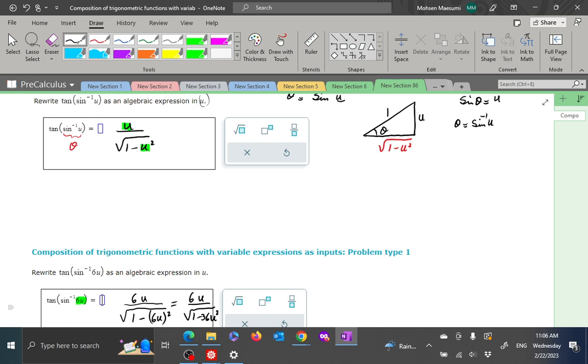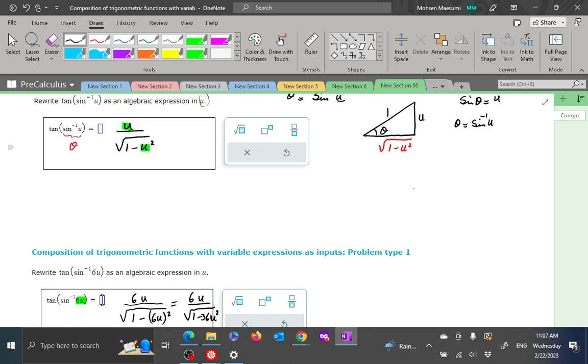Now somebody might say, well, sine inverse of u could have been an obtuse angle. Let me correct myself. u could be positive or negative. The picture that we drew here implies as if it is positive. Well, what if u was negative?